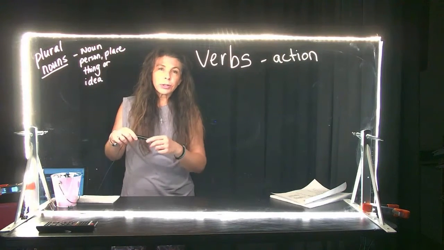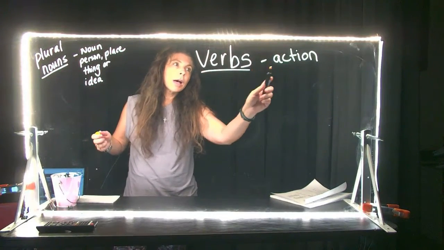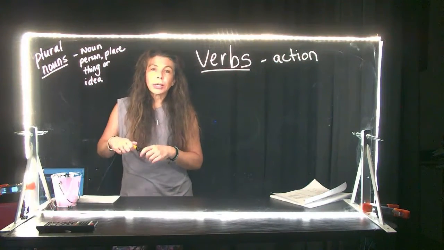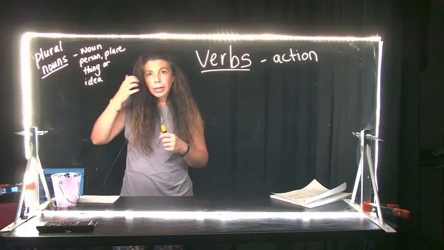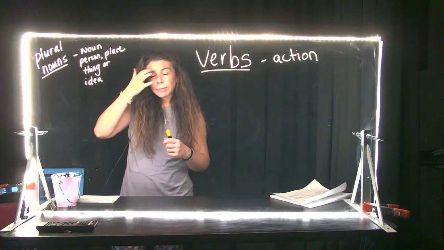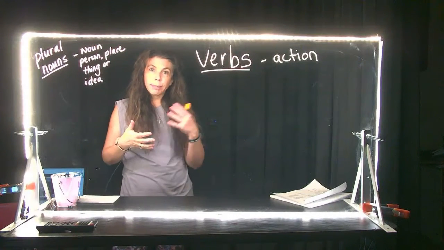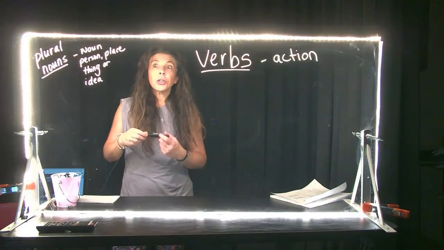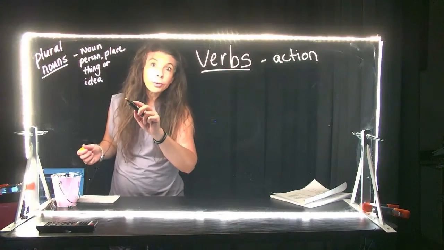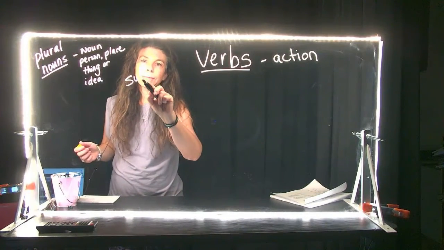Today, our focus is going to move on to verbs. Verbs are action words. So in our English language, in order to make a verb be in the past tense or present tense, you need to add, you guessed it, suffixes.